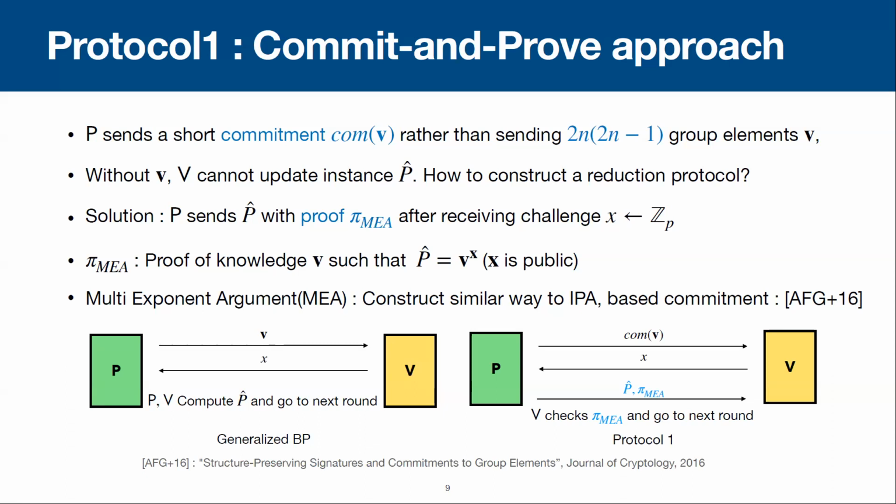The proof pi is a proof of knowledge of V such that P hat is V to the x, where x is public from the challenges. To construct proof pi, we construct a multi-exponential argument, MEA, and MEA can be constructed in a similar way to IPA.